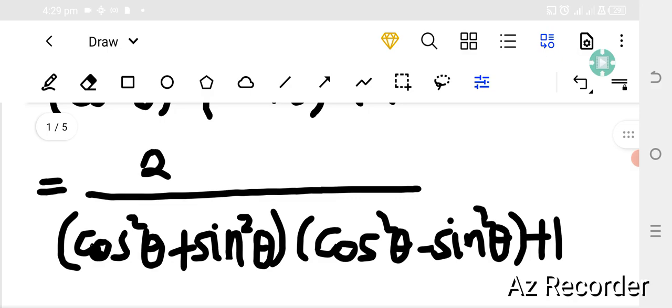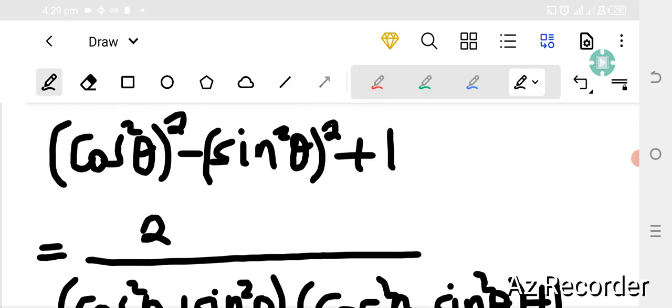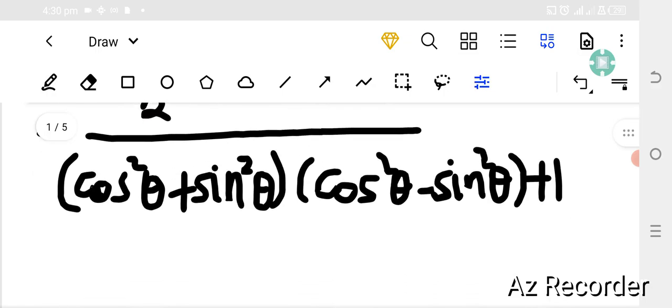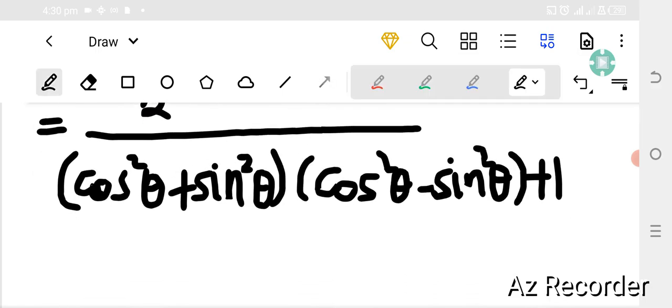Okay, so that's the same. So we're just getting what is in the brackets here, and then we'll combine them: cos theta squared plus sin theta squared, and then cos theta squared minus sin theta squared is what we are doing. Cos theta squared plus sin theta squared in this bracket is something that we know.